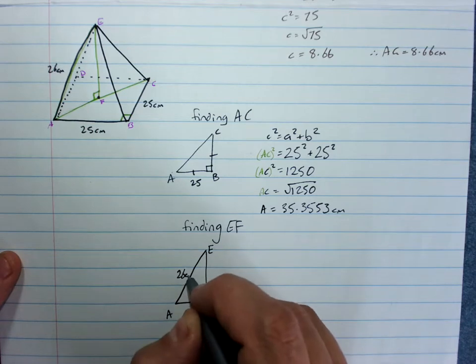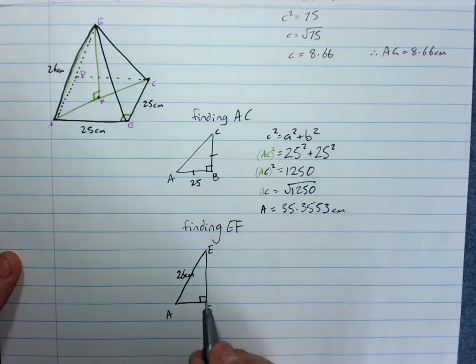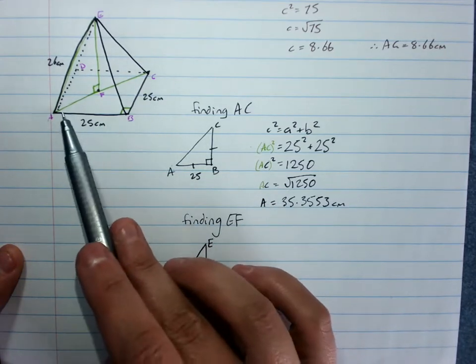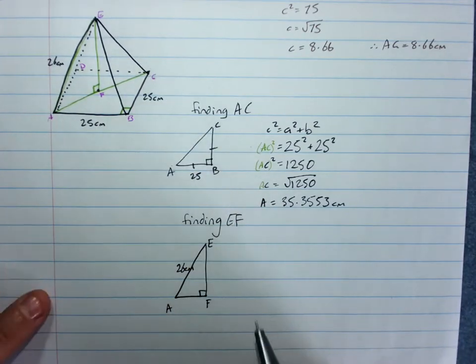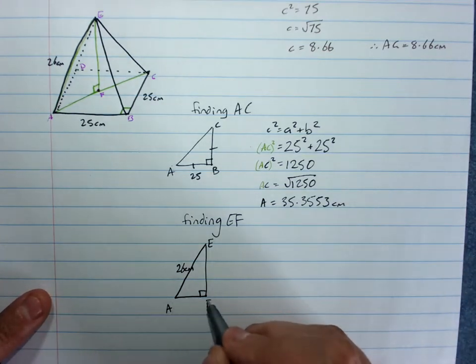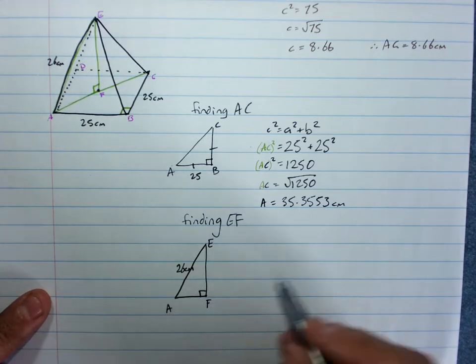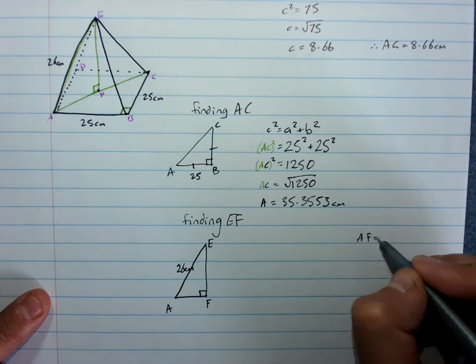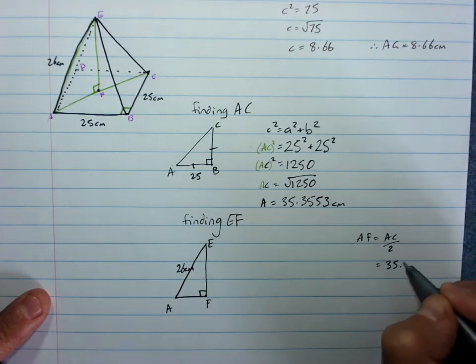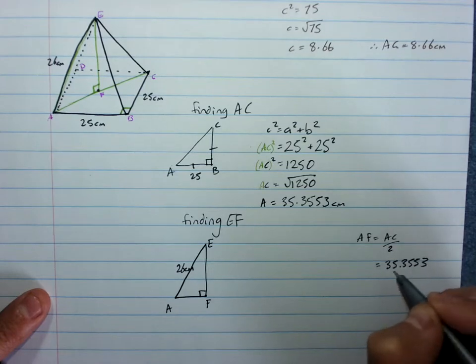I've got 26 centimetres there, and AF is half of AC. So I'd probably put a little bit of information here saying AF equals AC over 2.